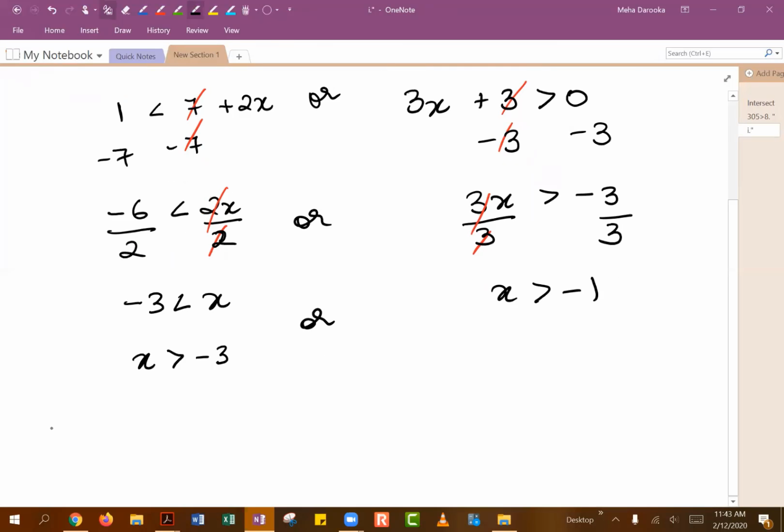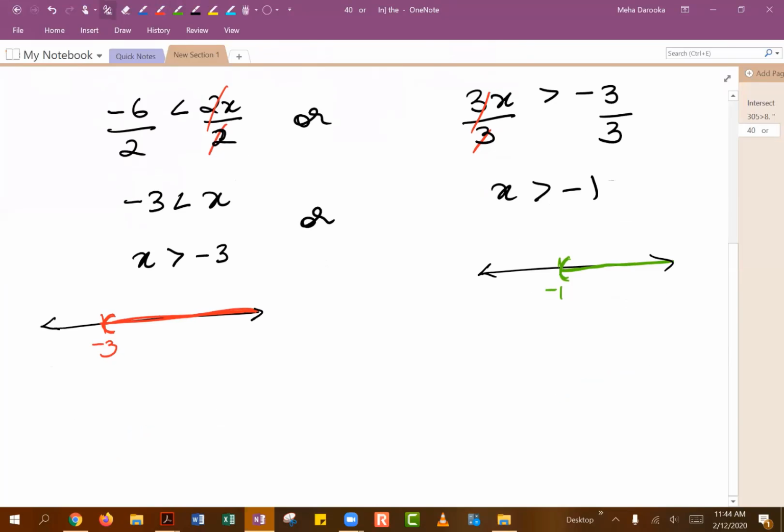So again, let's take a look at what these individual graphs look like. So I've got x greater than negative 3. Again, we're not including negative 3. It's only greater than, right? So just do parentheses. The other one says x is greater than negative 1.